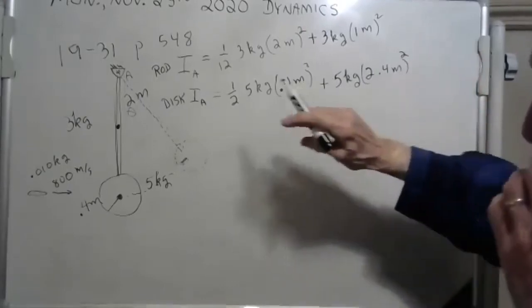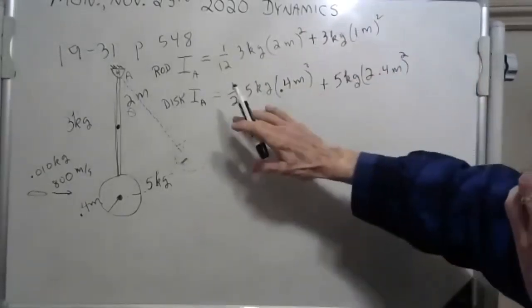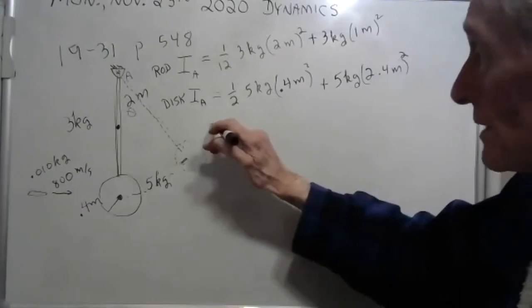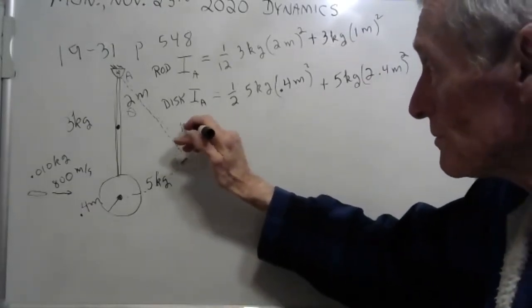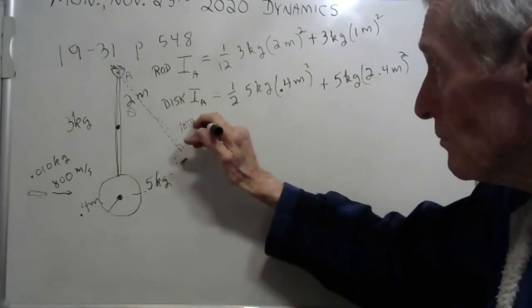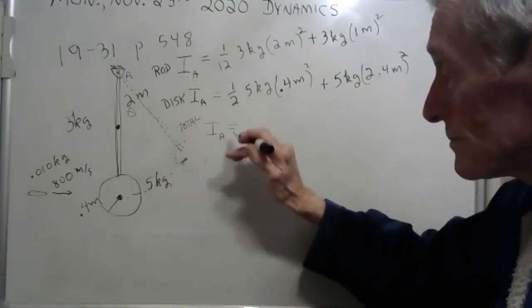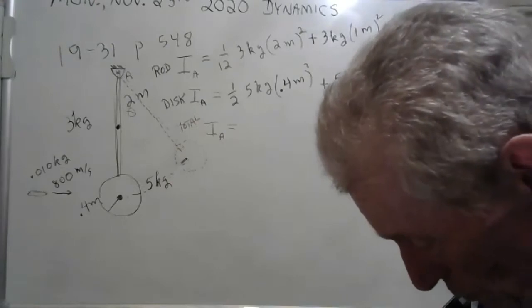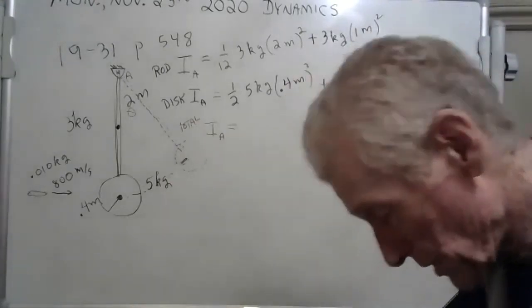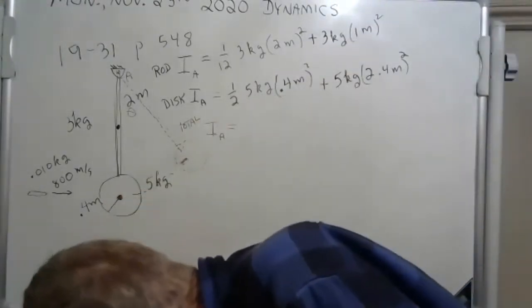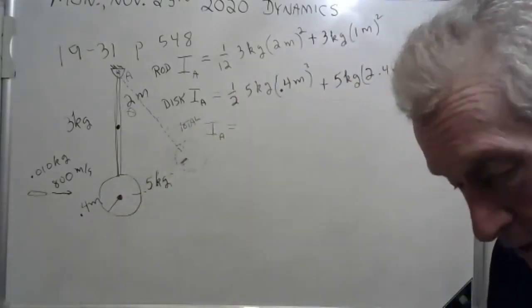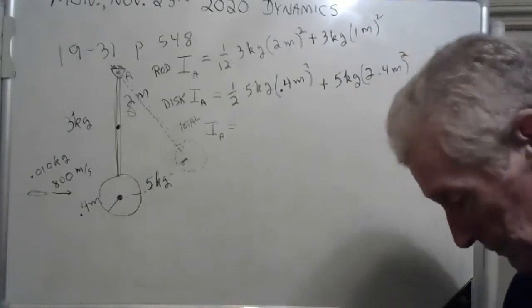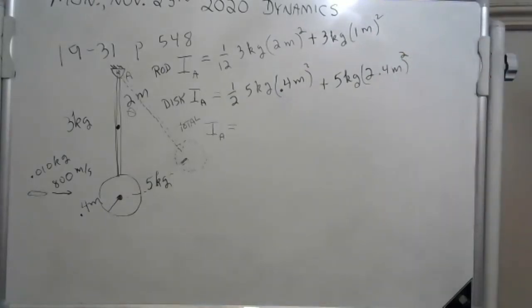Okay, I want you to add all of that and give me the total moment of inertia about point A. And I will shut up and let you work. And then we'll figure out the problem. Go for it. If you have any questions, just speak up.